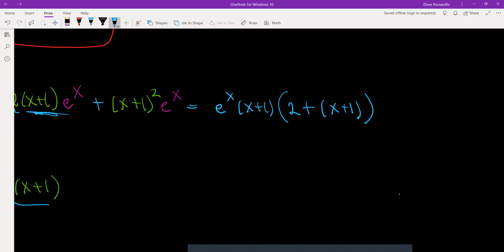All right, so then keep simplifying. So g prime of x is e to the x times x plus 1, and then I can add 2 with 1 to get 3, so it'll be x plus 3. And then this is the answer, it's in its factored format.